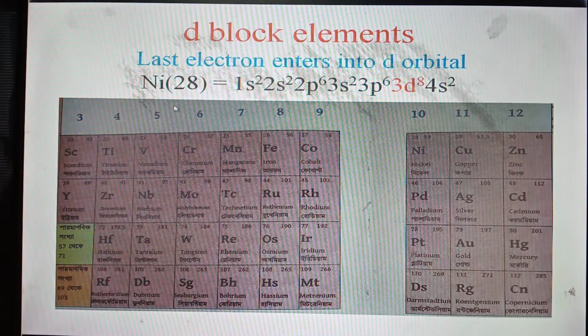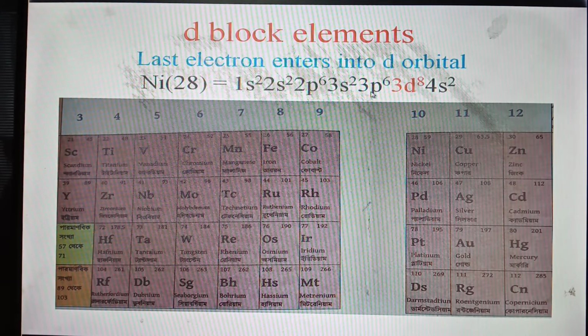We have taken the example of nickel. The electronic configuration of nickel shows that the last electron goes to the 3d orbital. According to our Aufbau principle, the last electron goes to 3d. Practically, the electronic configuration is like this: 1s2, 2s2, 2p6, 3s2, 3p6.